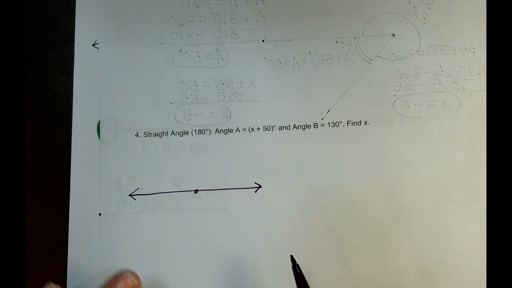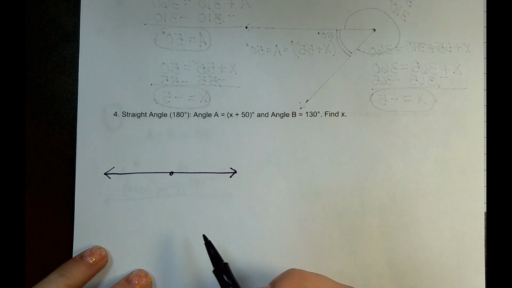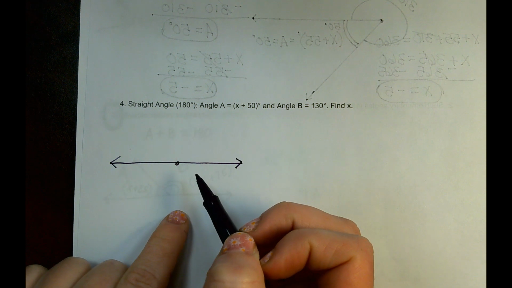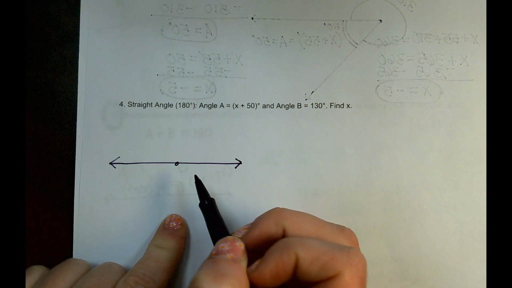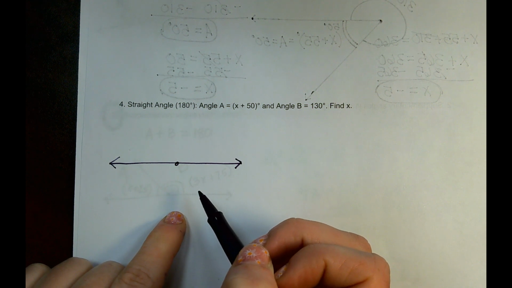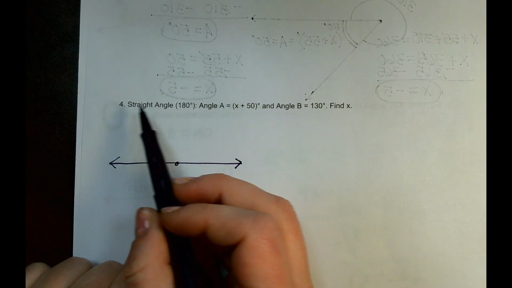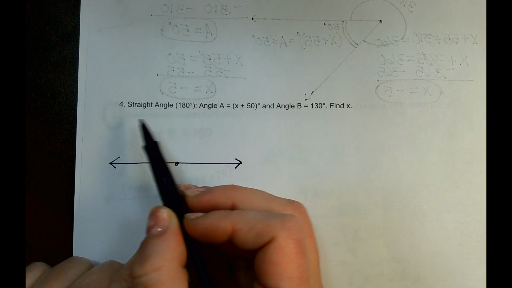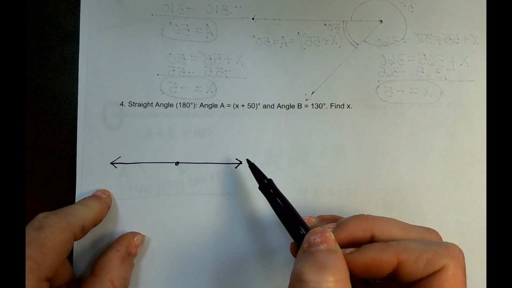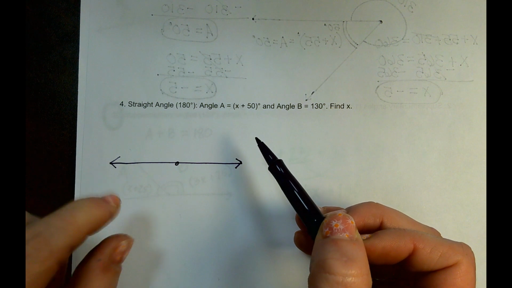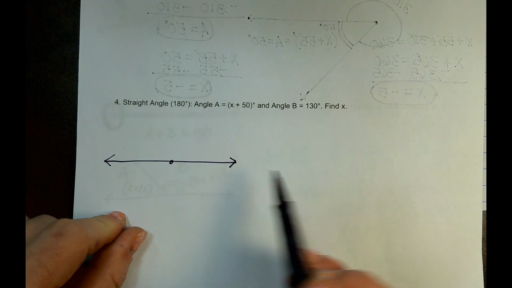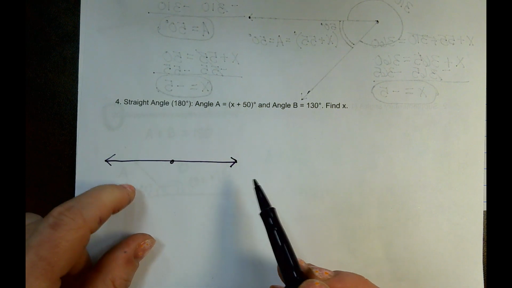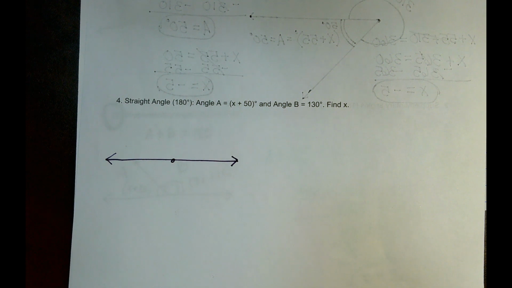That's a straight angle. There's one number, right? So two numbers adding up. Whenever it says straight angle, it means the angle being formed could be one angle or it could be 12 angles adding up, but it's creating 180 total.